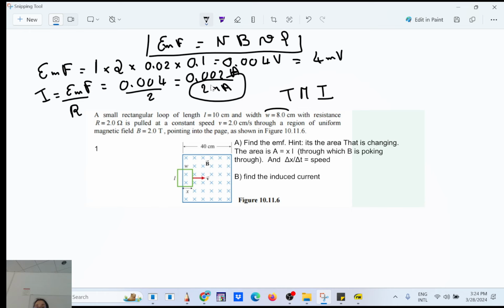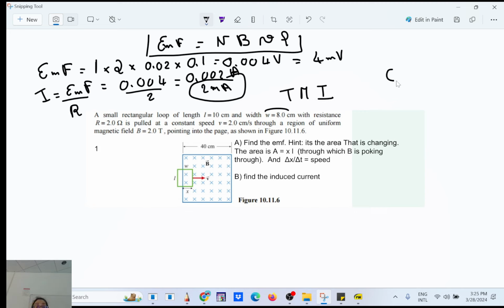Because you want to take into account only the area the magnetic field is poking through. Here you see this area does not have any magnetic field, so you should not take it into account.